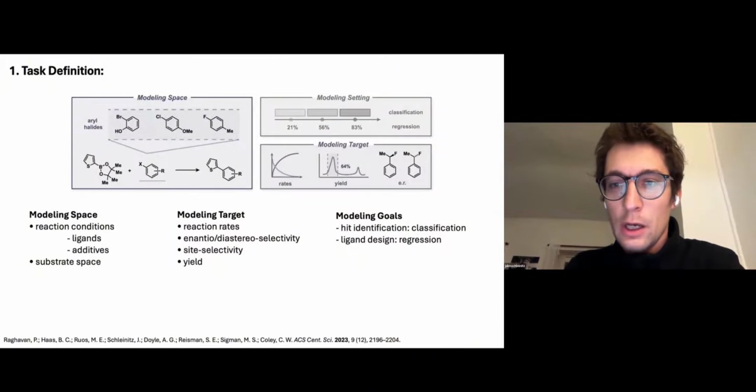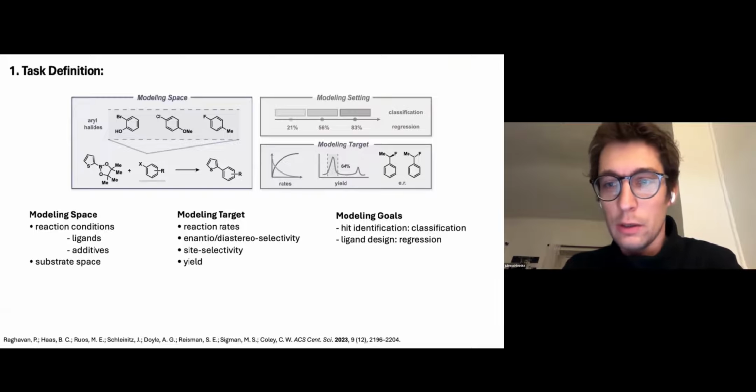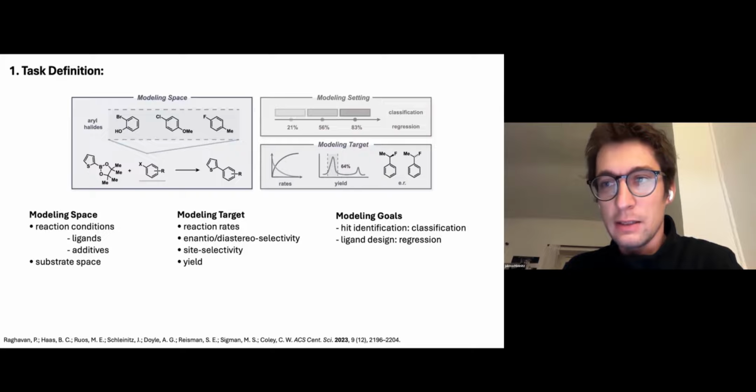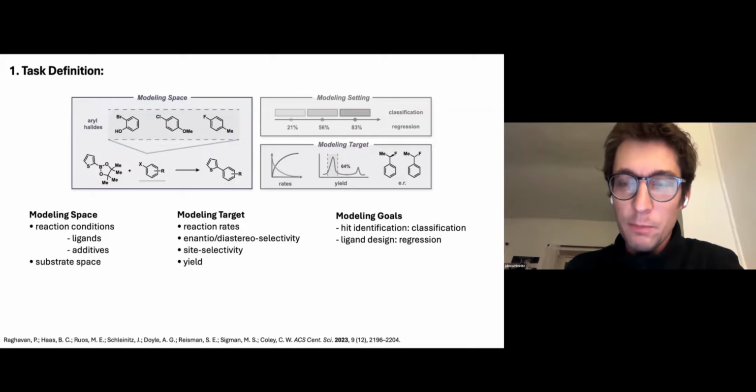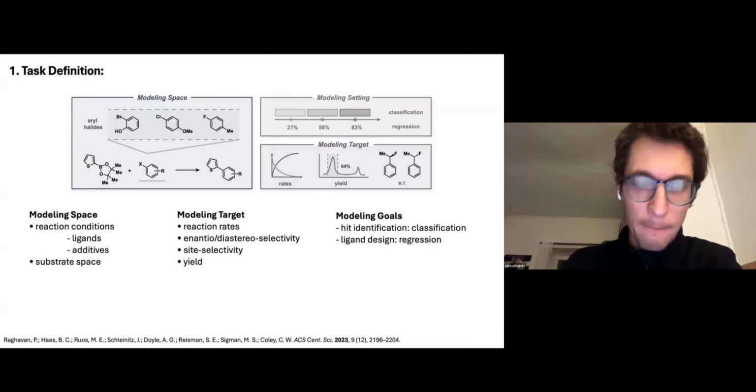If your goal is to just have a model that predicts which pairs of substrates are going to react, maybe you just want to do a classification model, or if you want to think about more how you learn about mechanistic implications of a ligand design for selectivity, then you probably want a regression model.